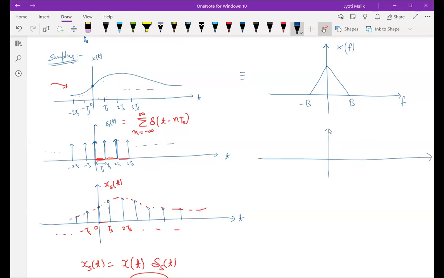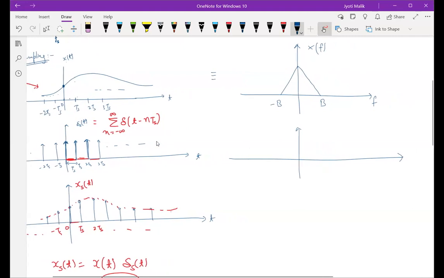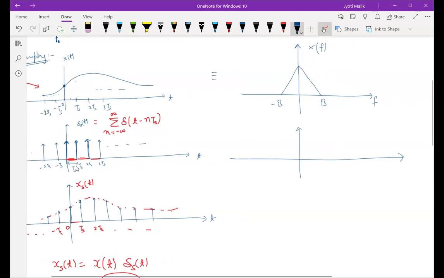But then we discussed that the frequency domain of the impulse train is also an impulse train, but this period will be Fs in that case. So it will be impulses like this.